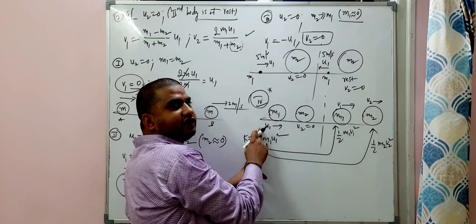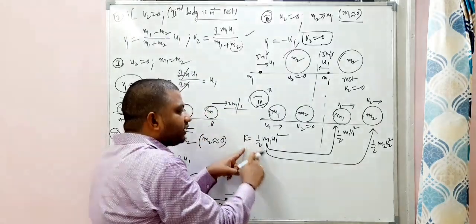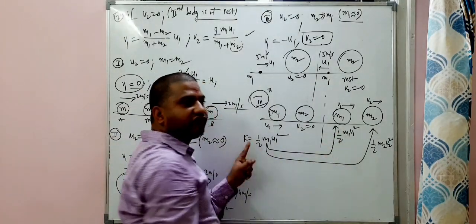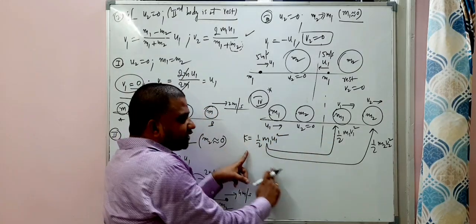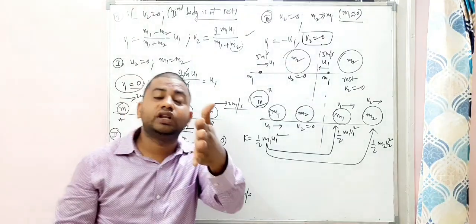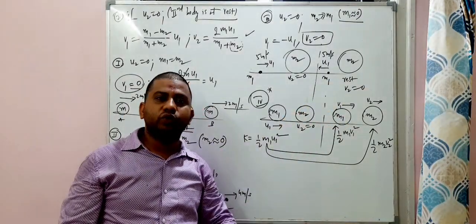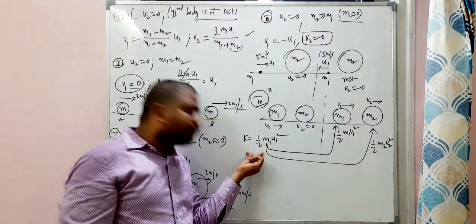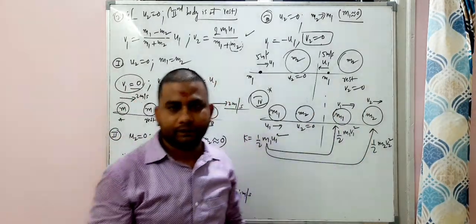Initially 50 joules is had by the first body, and the first body will retain some kinetic energy, that's half M1 V1 square. And some of this 50 joules is transferred to the second body. The second body is initially not moving. After the collision only it is moving. So from this 50 joules, some part is transferred.